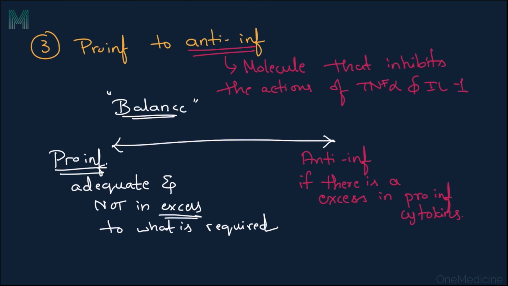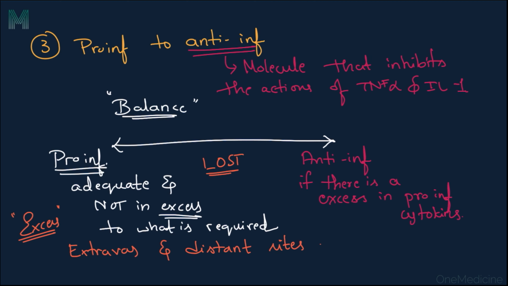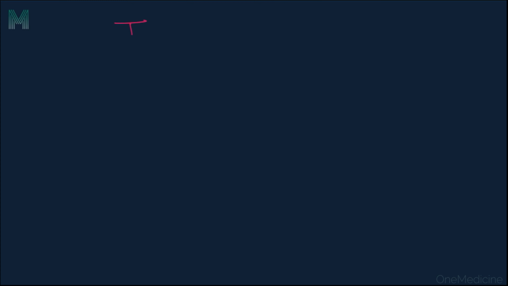However, in sepsis, this balance is lost and there is an excess of pro-inflammatory cytokines which spill into the extravascular space as well as distant sites, resulting in a generalized response. Transition into sepsis.